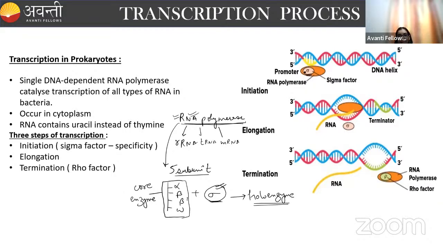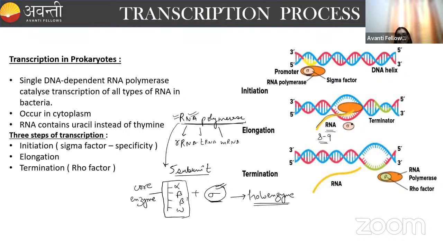When the RNA polymerase binds to the promoter, it will synthesize the RNA chain, because the main function of RNA polymerase is to synthesize the RNA chain. It will synthesize an RNA chain of approximately 8 to 9 nucleotides.